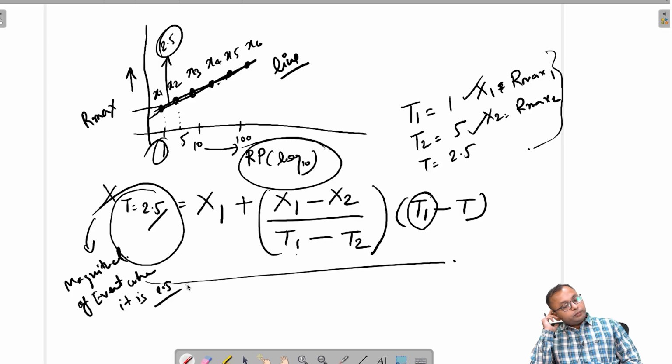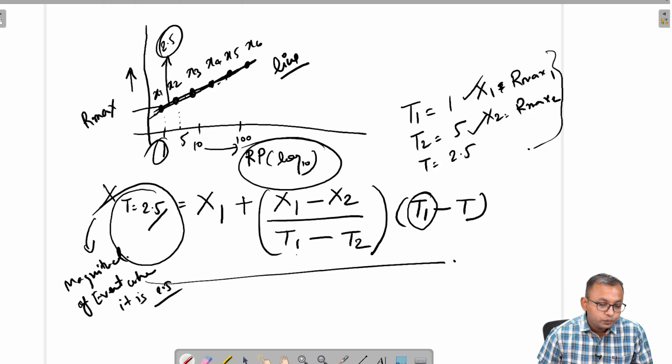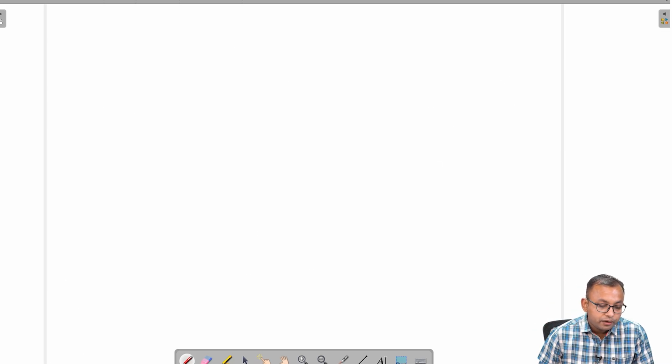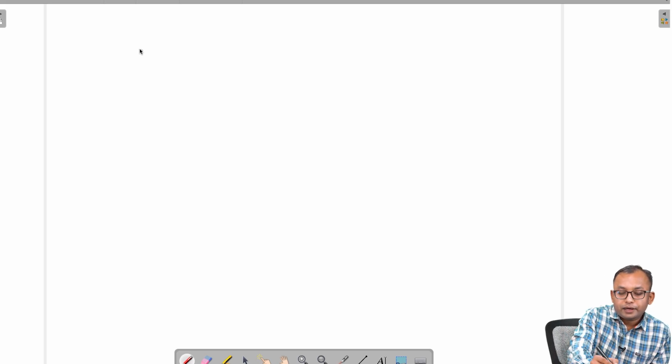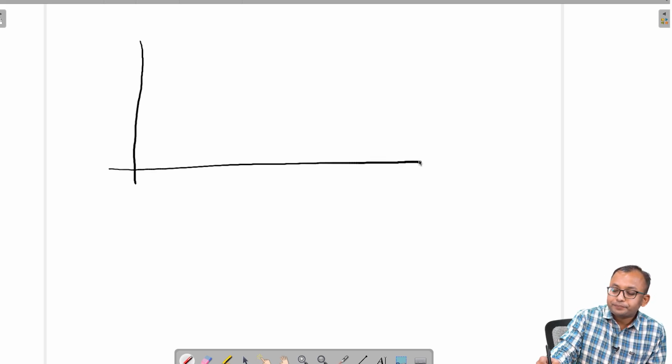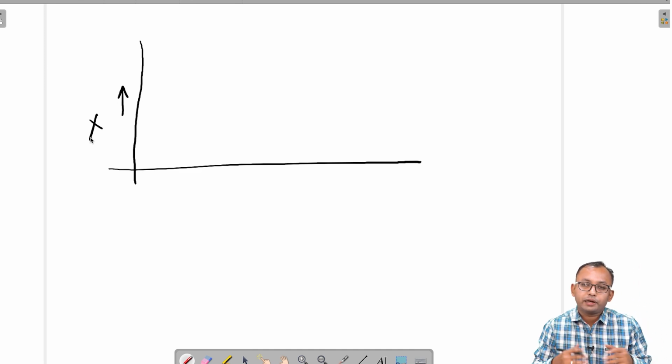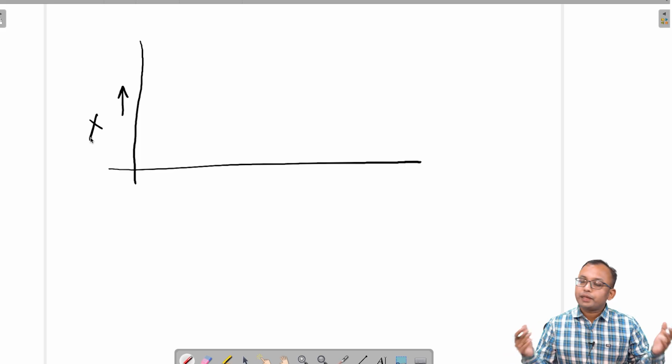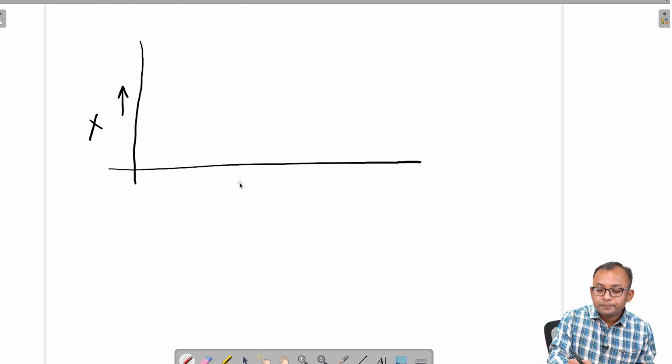Sometimes it is also possible that people do this when we have a small data set, let us say we have done this analysis again. This is your x variable, x can be your rainfall maximum, Q maximum or T maximum or any extreme event like that. Then you have return period here.